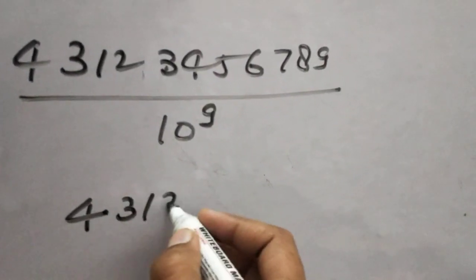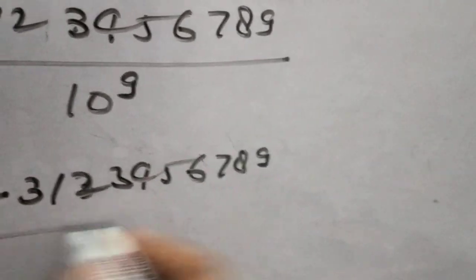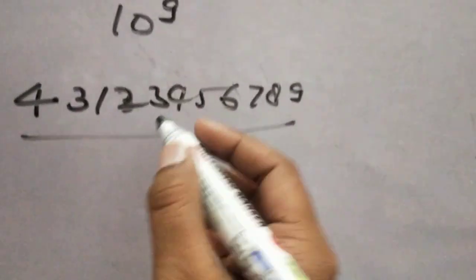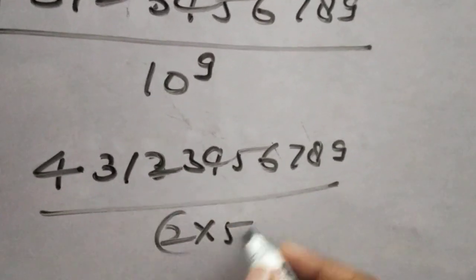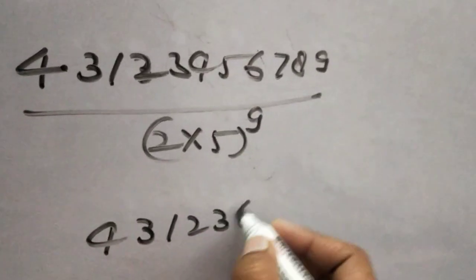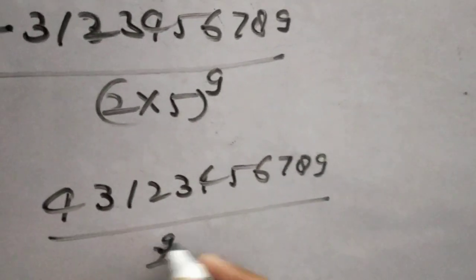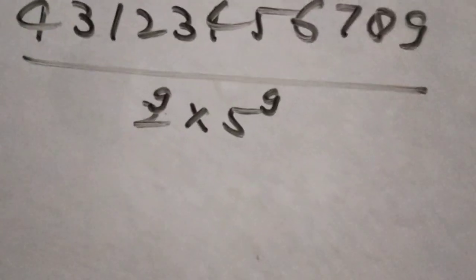You can write 10 as 2 into 5, whole power 9. 43123456789 upon 2 to power 9 into 5 to power 9. So that is the solution.